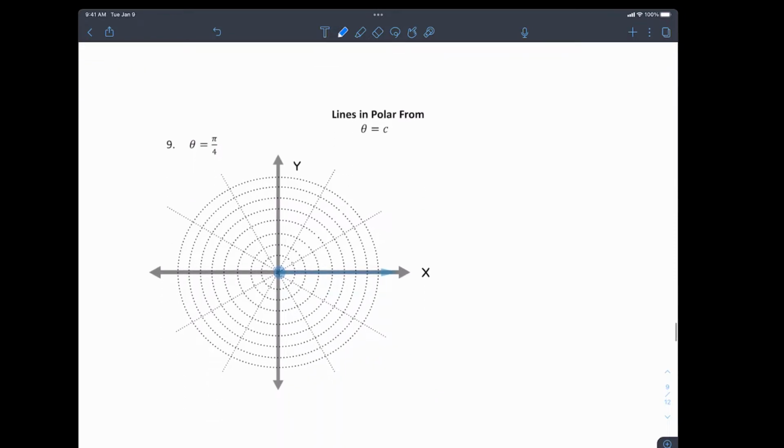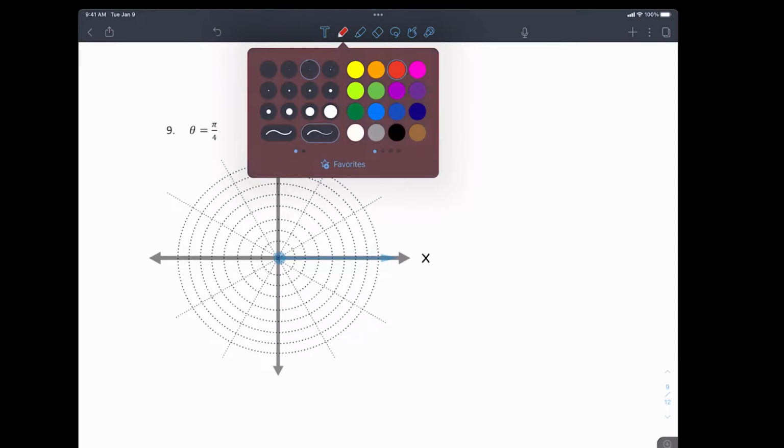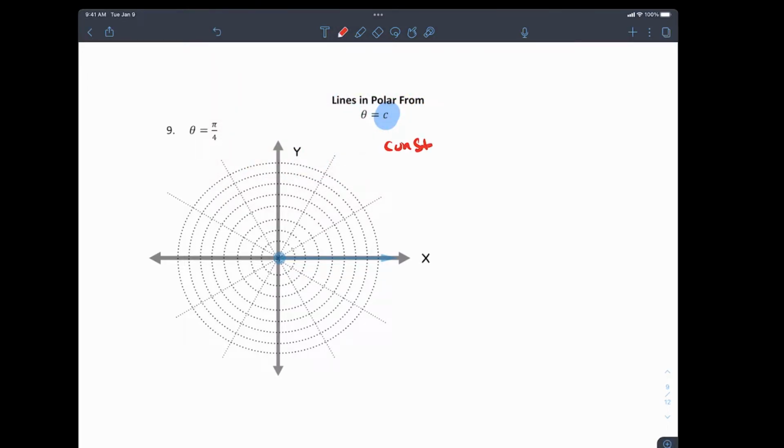Now, the last thing I want to talk about, at least initially here for you guys, is how do you get lines? This is a line, if you guys notice here, theta is a constant. This is the form in which you get a line through the origin.